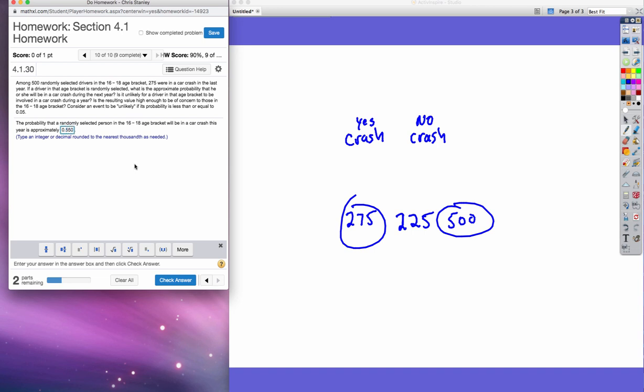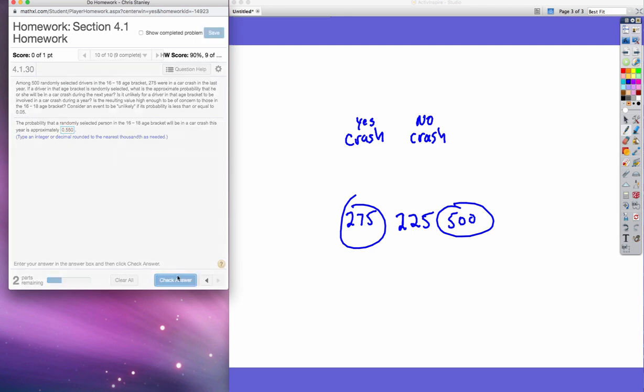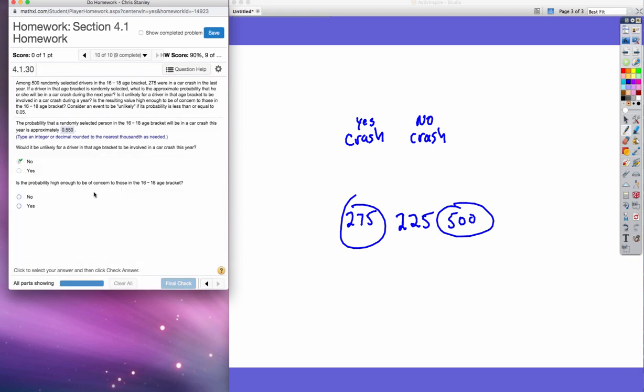And that's what I got. It seems like this problem should be more complicated, but it's not. Would it be unlikely? No, it seems like it'd be pretty likely. 55% chance is a pretty good chance. I'd say, yeah, that's enough to concern me.